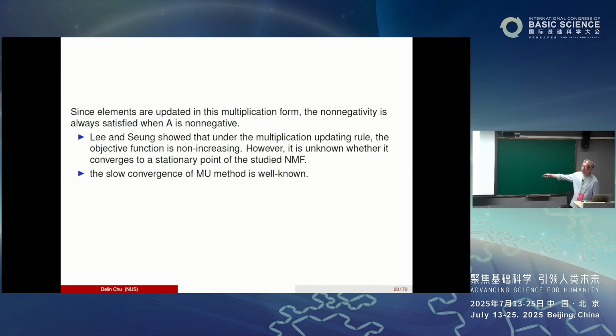So far nobody can show this result. Another main disadvantage is that the MU method converges very slowly. Because this method converges very slowly, in practice it is not often used.